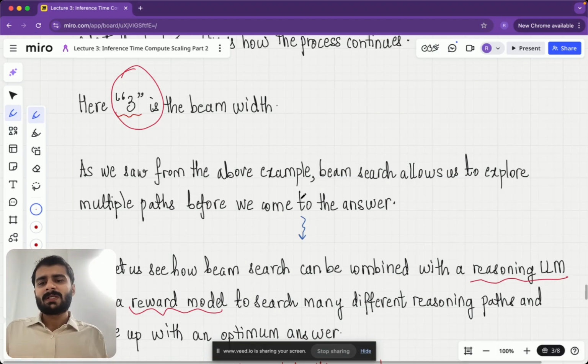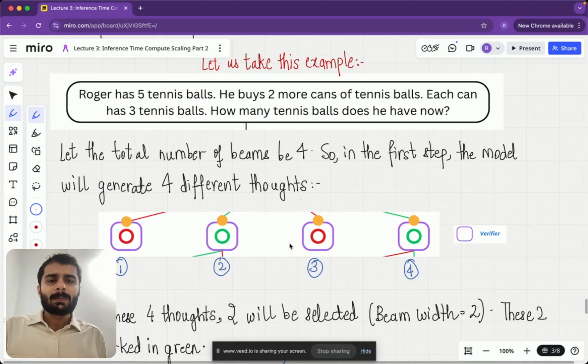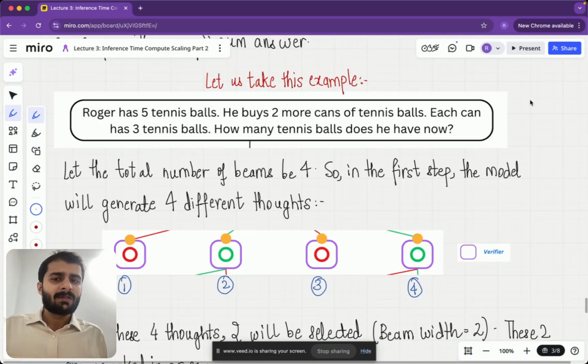With this intuition in mind, now we are going to move towards understanding the beam search algorithm, and how we can develop a verifier which uses a beam search algorithm to effectively search across multiple reasoning paths. Okay, so there are basically two parameters here that we are going to look at.